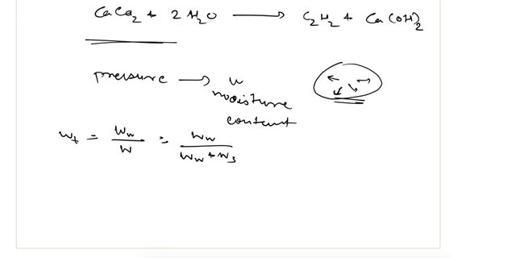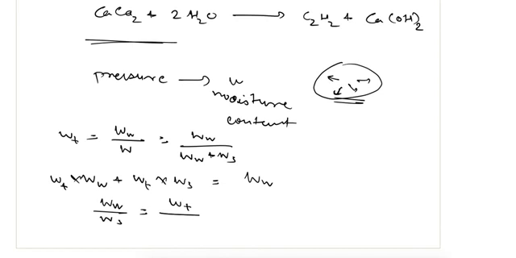If we solve this equation, Wt into W plus Wt into Ws is equal to Ww, and from here W upon Ws is equal to Wt upon 1 minus Wt. So from here we can get the actual moisture content.